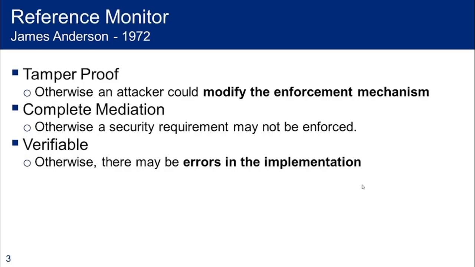And of course, mediation must be continuously invoked, or it could be circumvented when not active. Some authors break this into 2 requirements, complete and always invoked. The last requirement is the reference monitor must be small enough to verify the correct enforcement of system security goals. Otherwise, there may be errors in the implementation of the security policies that could result in vulnerabilities.